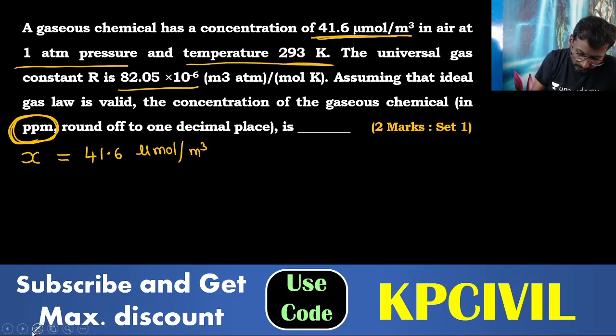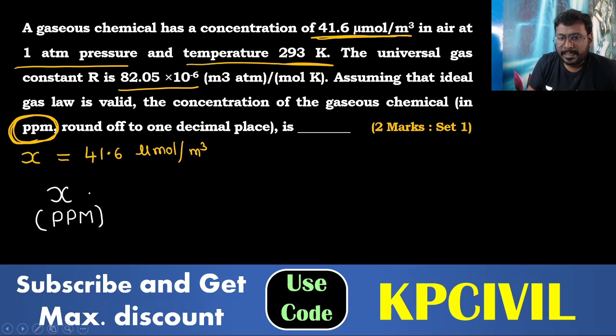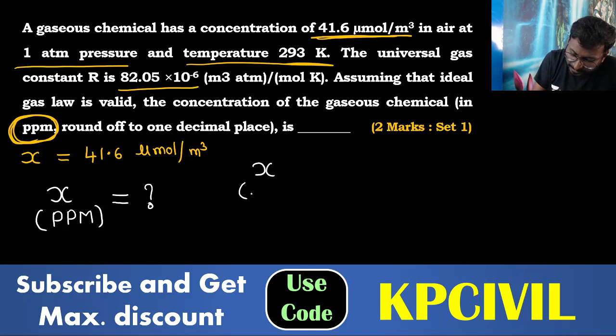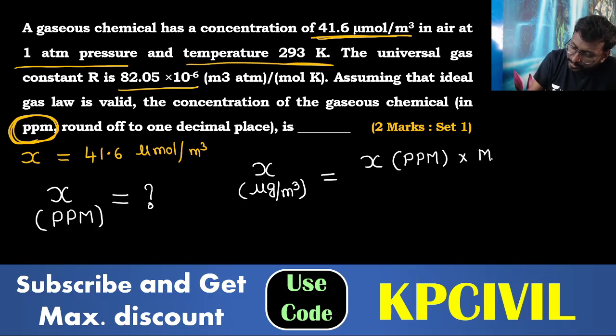Very good. We need X expressed in parts per million. We have the formula: X in microgram per meter cube is equal to X in parts per million into molecular weight of X into 1000 by volume in liter per mole. This is the formula.